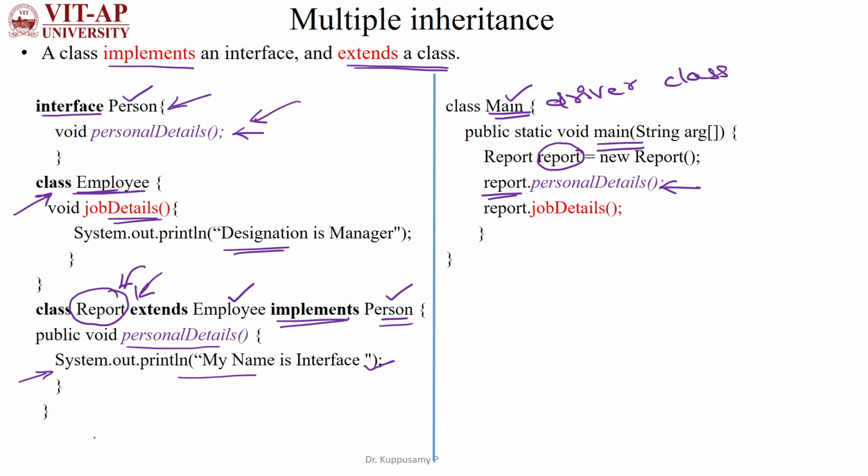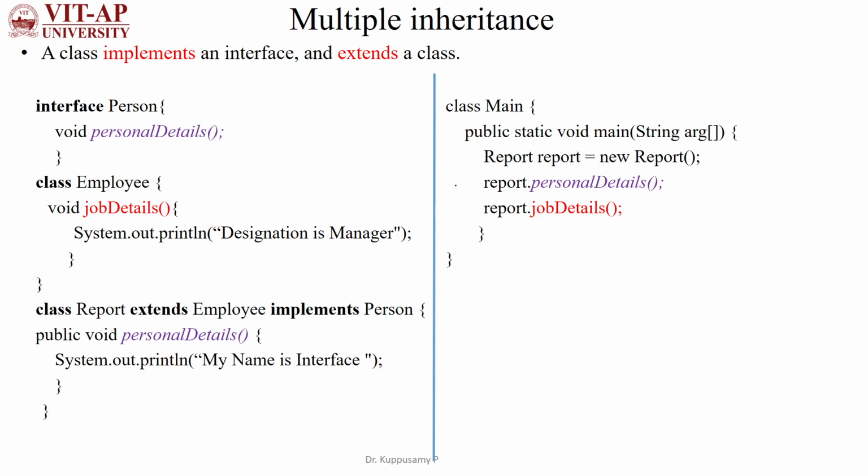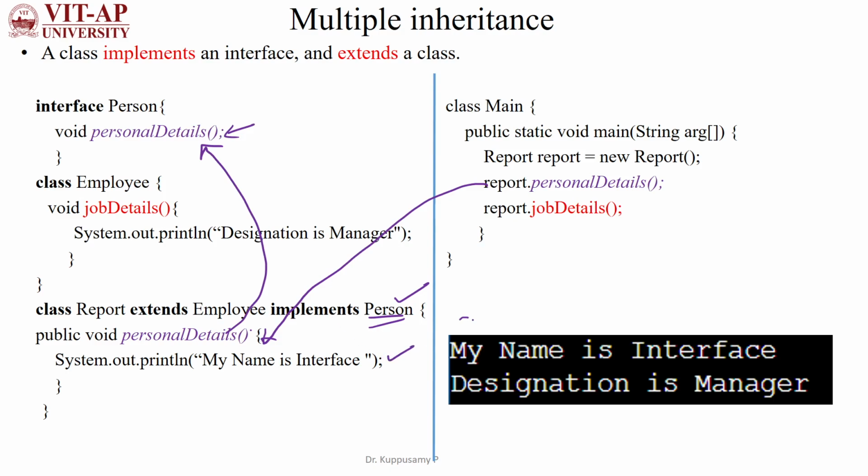Once I call personal details, the control automatically passes over to this method. Once this method is called, it will check its implemented interface, right? So automatically the control overrides the method which is defined in the interface portion. Then the statement will execute, displaying the first line.